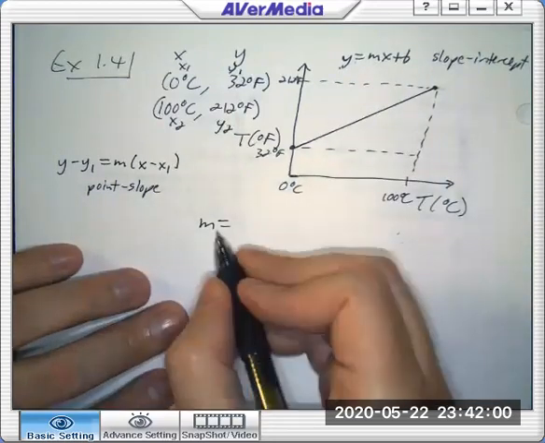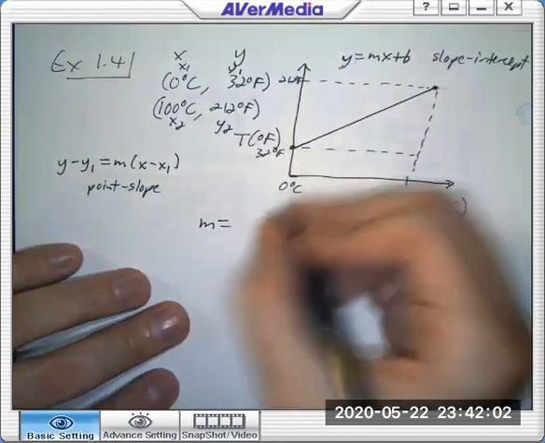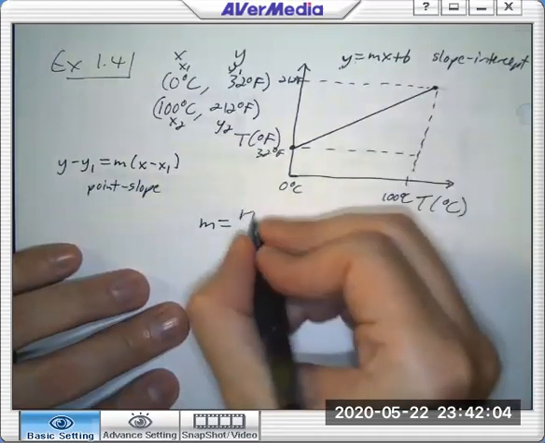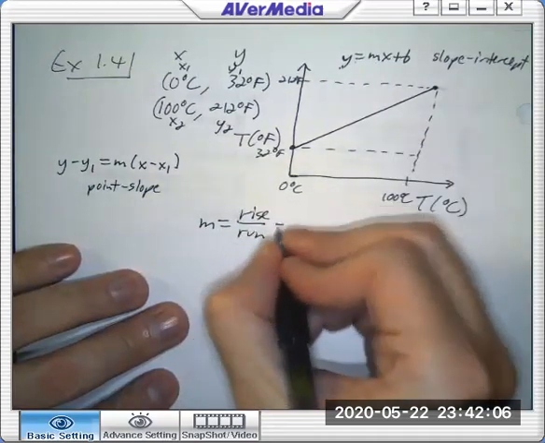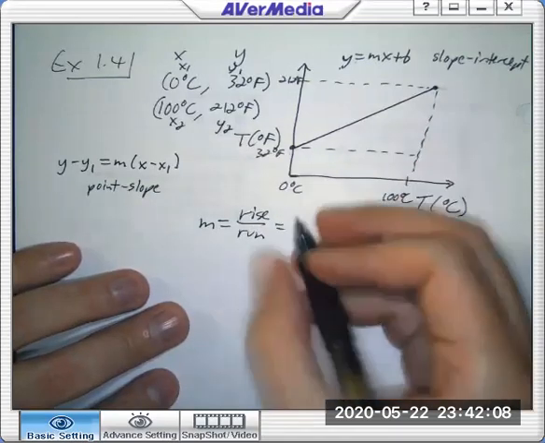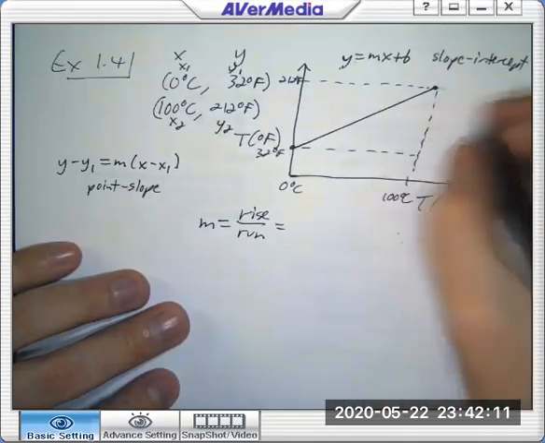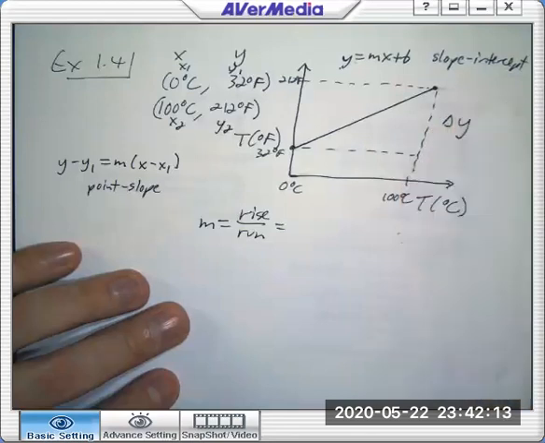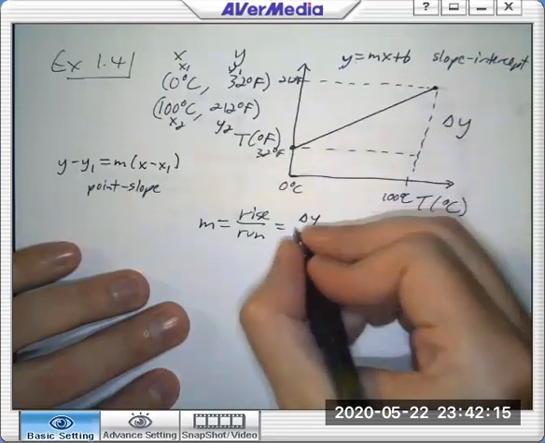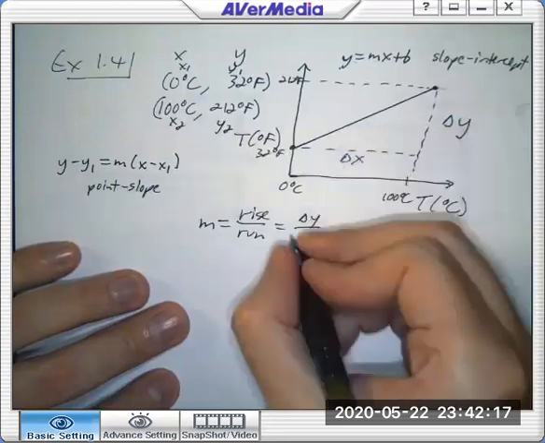You should remember from algebra that slope is defined as the rise over the run. So specifically, the slope of a line measures how much the y value changes. So this is what we call delta y, over how much the x value changes, which we call delta x.